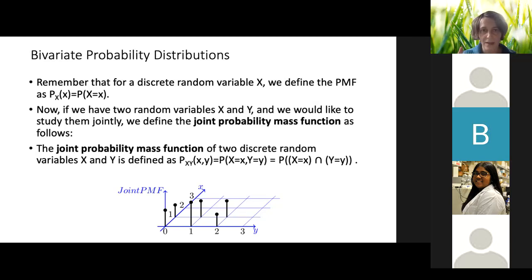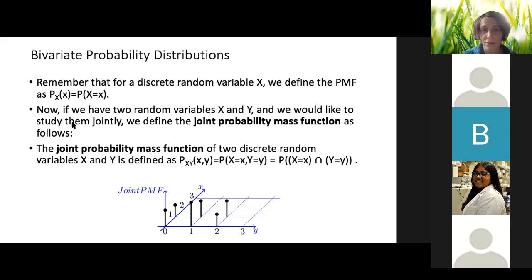As you may remember, for the probability distribution of a discrete variable, what this function describes is the probability of each individual possible outcome for a variable x, right? That was our probability mass function.